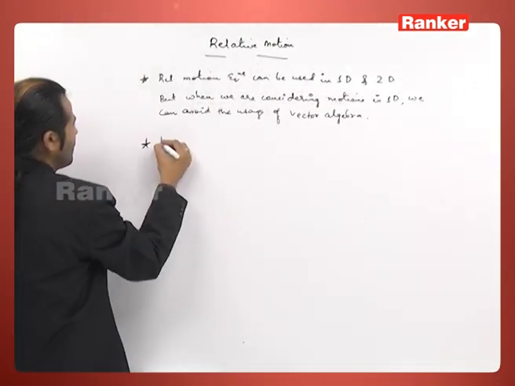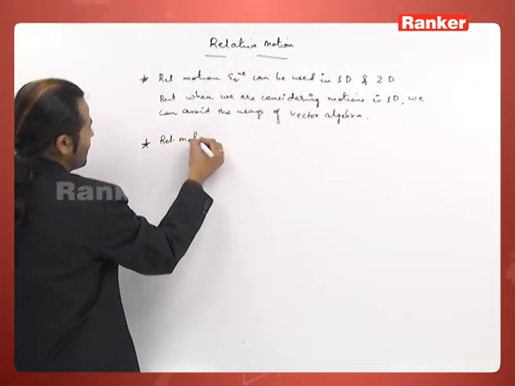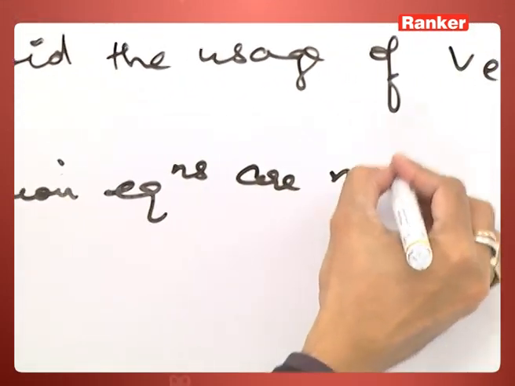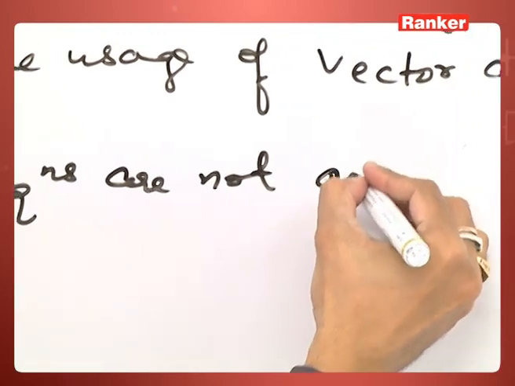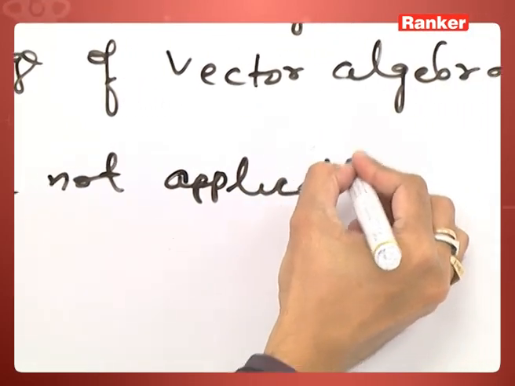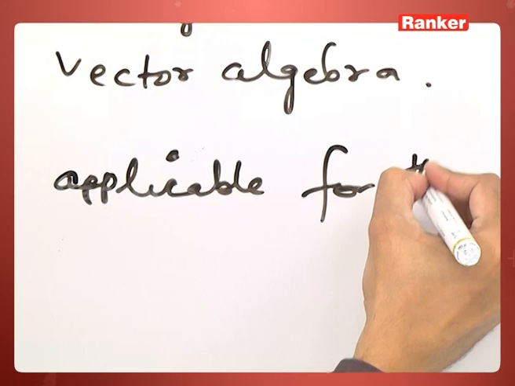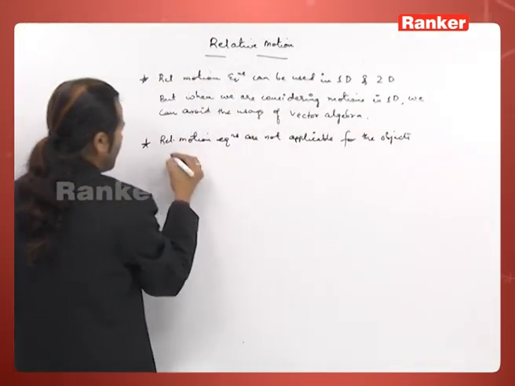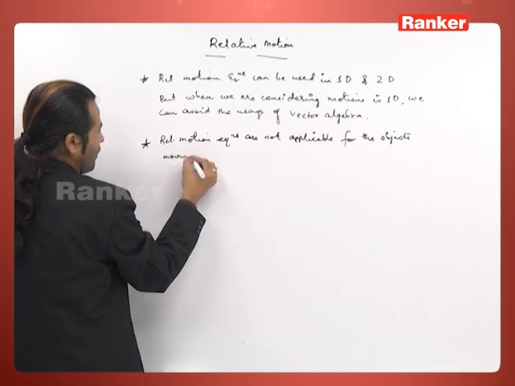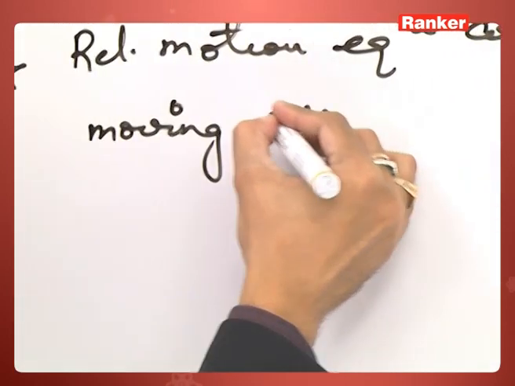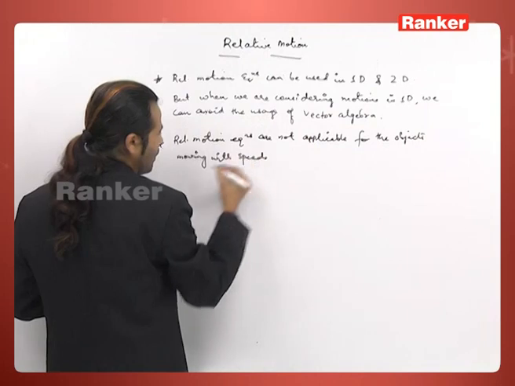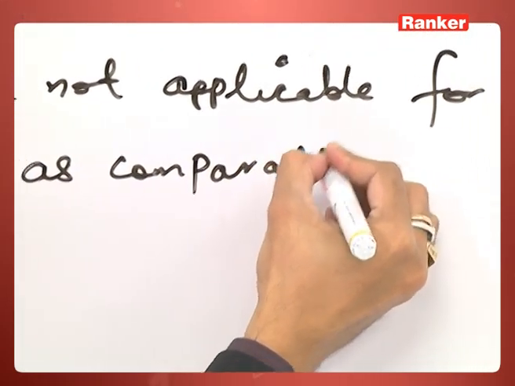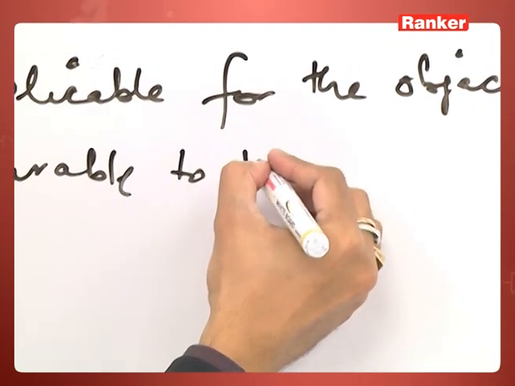Next, relative motion equations are not applicable for objects moving with speeds comparable to the speed of light.